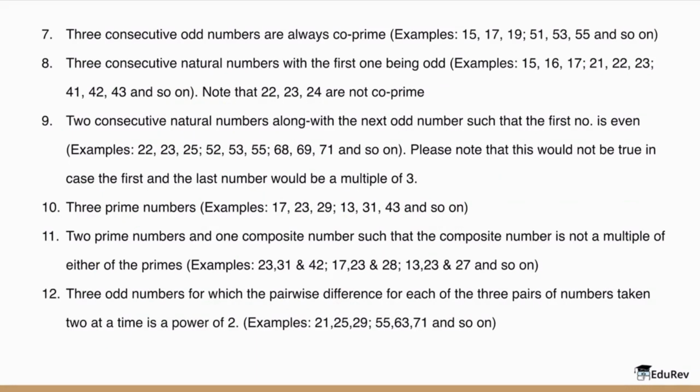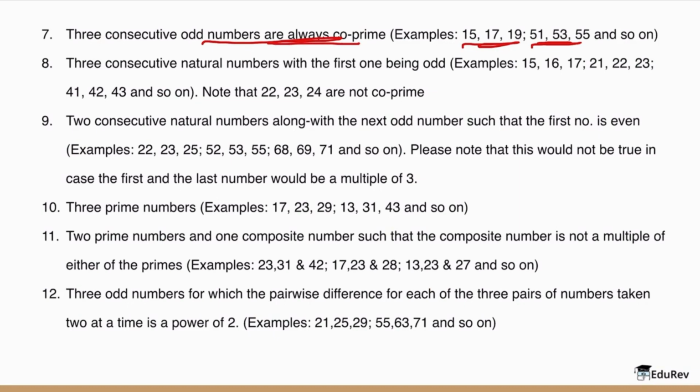So property number 7, what does it say? Property number 7 says that three consecutive odd numbers are always co-prime. For example, these numbers are always going to be co-prime. Then three consecutive natural numbers with the first one being odd are also co-prime.